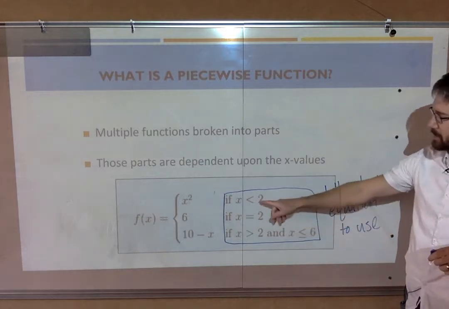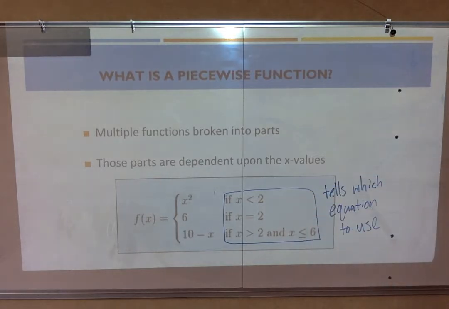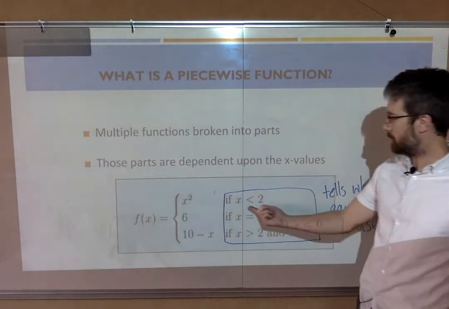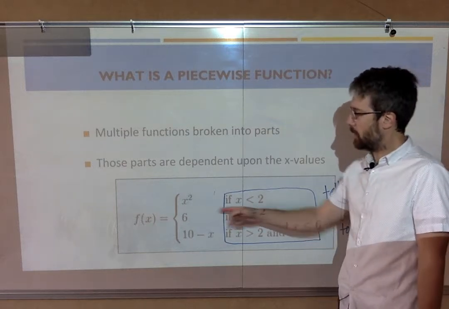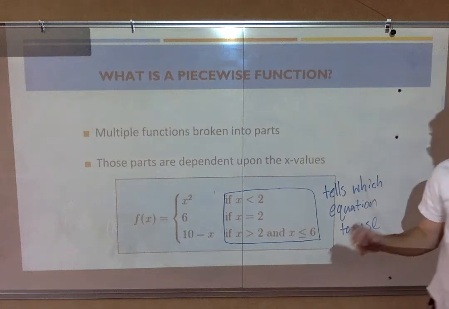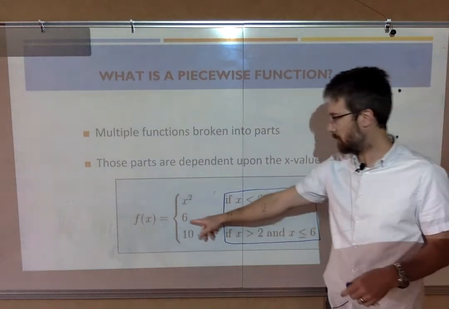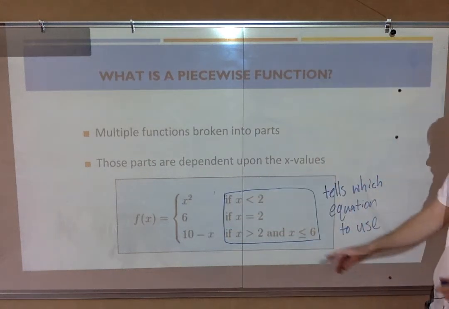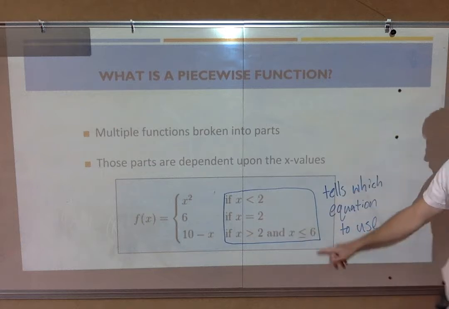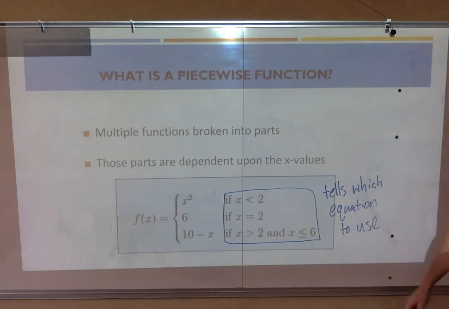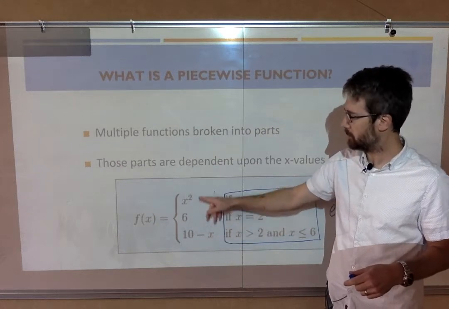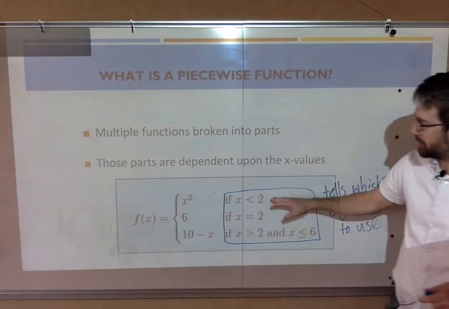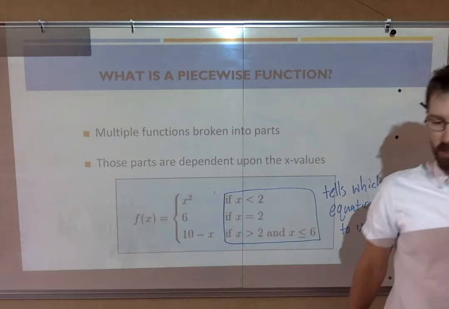So if x is less than 2, if x were -4, for instance, I would say, okay, -4 is less than 2, I'm going to plug it into this one. If x equals 2, I'm going to use this equation, and if x is greater than 2 and less than or equal to 6, I'm going to use this equation. So you're just using one of these, and this is going to tell you which one you should use.